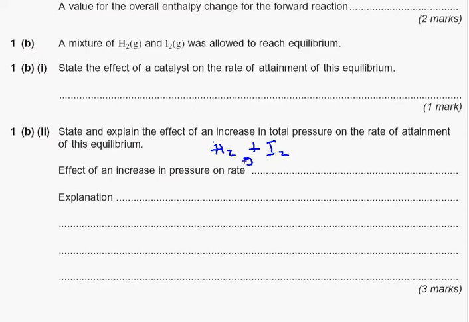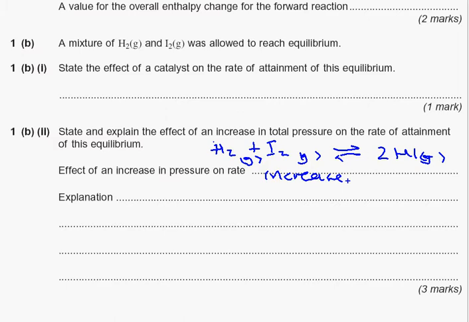These were both gases. It's kind of naughty because you almost want to think which way the equilibrium is going to go, but it's got nothing to do with that question. It asks what is the effect of increasing pressure on the rate. Well, the rate will increase.